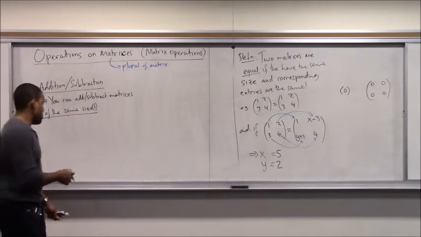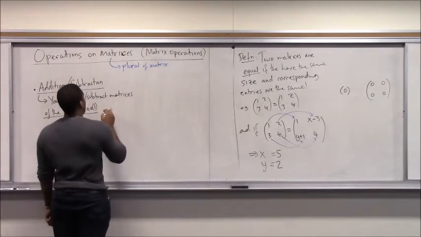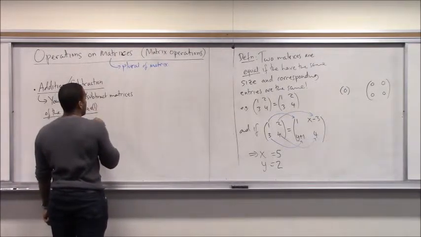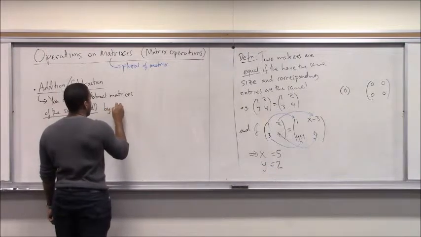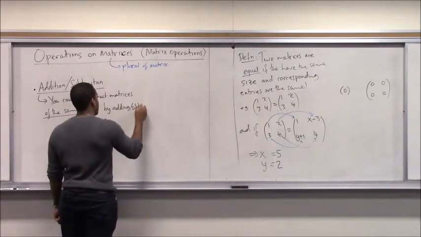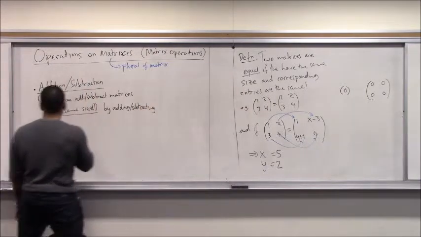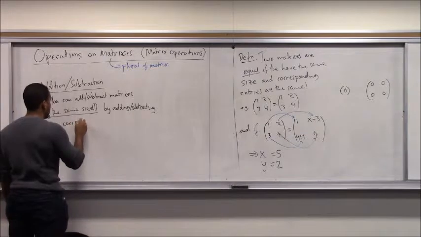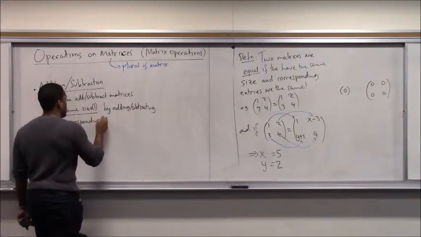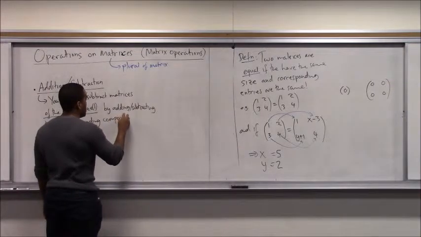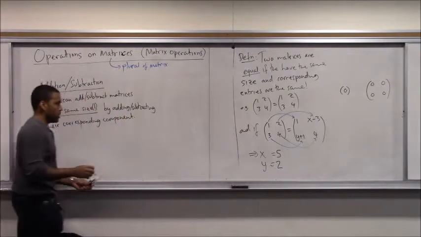With other things, definitely. We'll talk about that later. So you can add or subtract matrices of the same size by adding or subtracting their corresponding components. So you add or subtract the thing in the same position in two matrices.